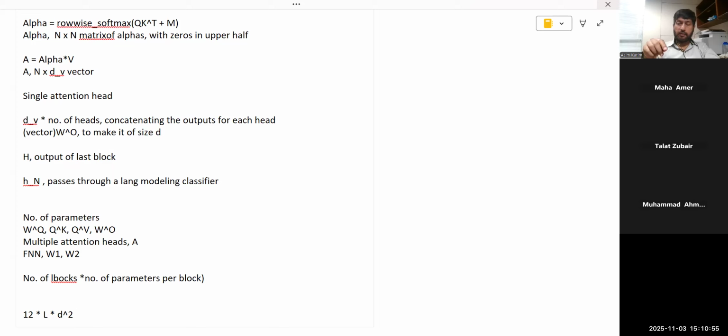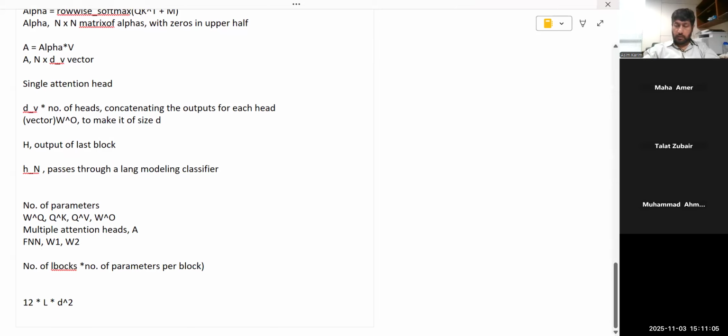D is the model size, right? L is the total number of transformer blocks. And they have computed this for, let's say, GPT-3, which I think had 96 transformer blocks, and its model dimension was 12,288 or something like that, so 12,800 squared. So this is going to be a large number.